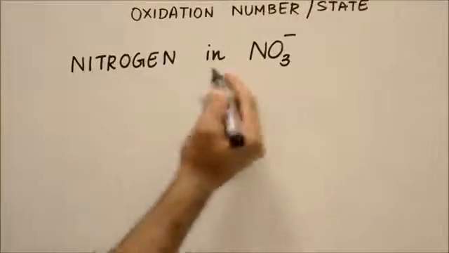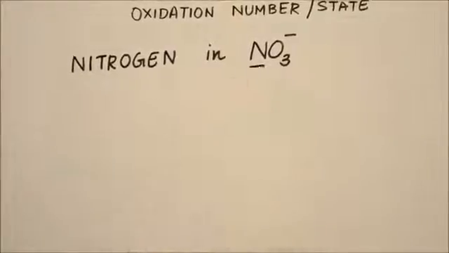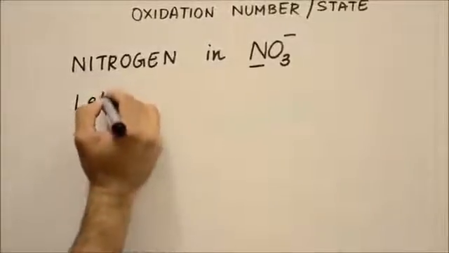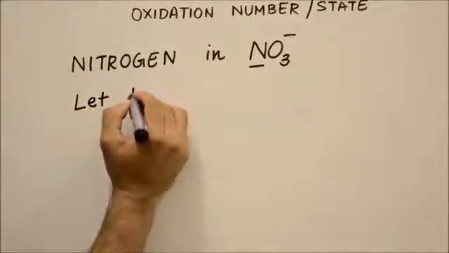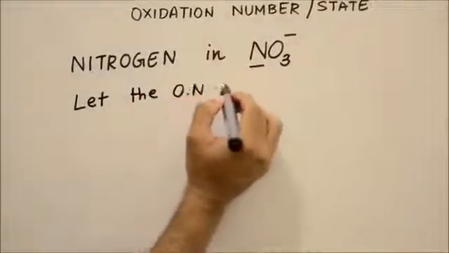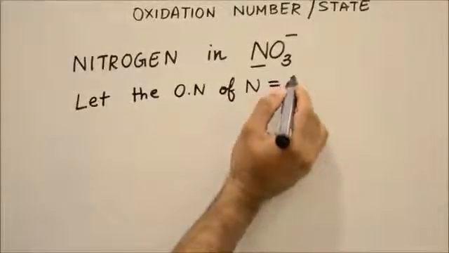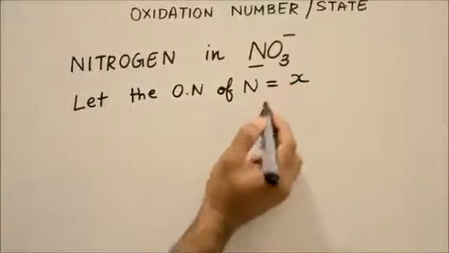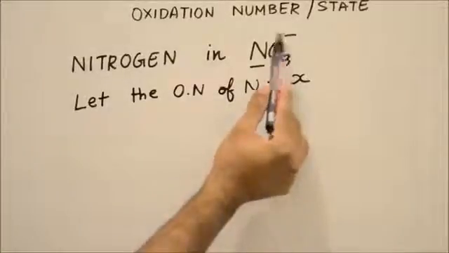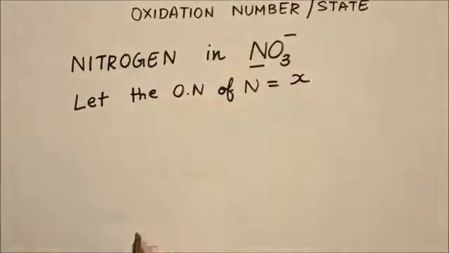Another example with nitrogen is in NO3 minus, that is nitrate. The underlined element is nitrogen. So let the oxidation number of nitrogen in nitrate be equal to X. We also know that nitrate has a negative charge, so the sum should be equal to -1.